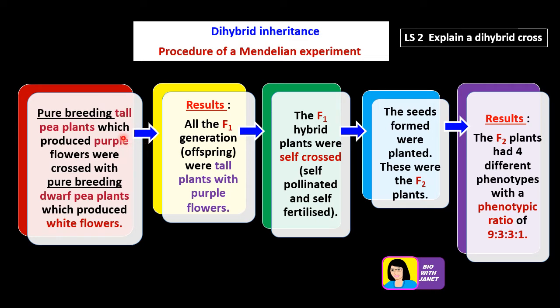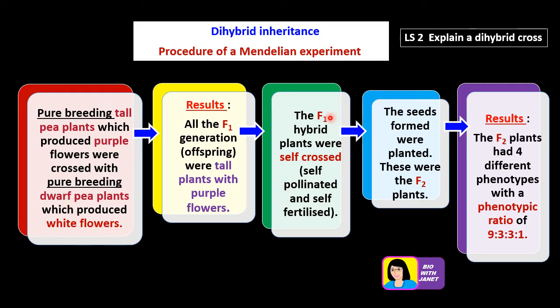The pure breeding plants have contrasting traits. Results: all of the F1 generation offspring were tall plants with purple flowers. So we know that the tall trait and the purple flower trait are dominant compared to the dwarf trait and the white flower trait.